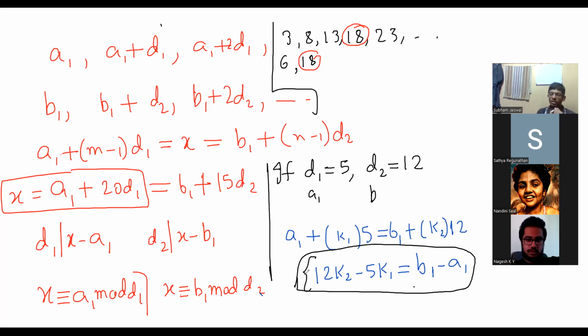And we have also done this in the number theory class. Nagesh, you will recognize this maybe. You have already completely answered when this can be solved and when this cannot be solved. Because 12 and 5 are co-prime, you can always solve this equation. For others, we will come to it in a different way.